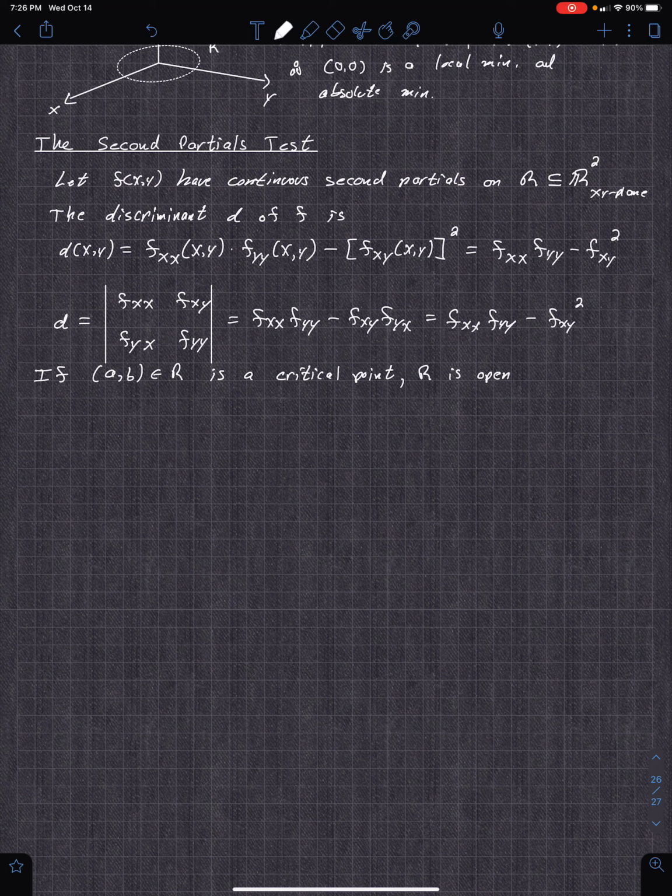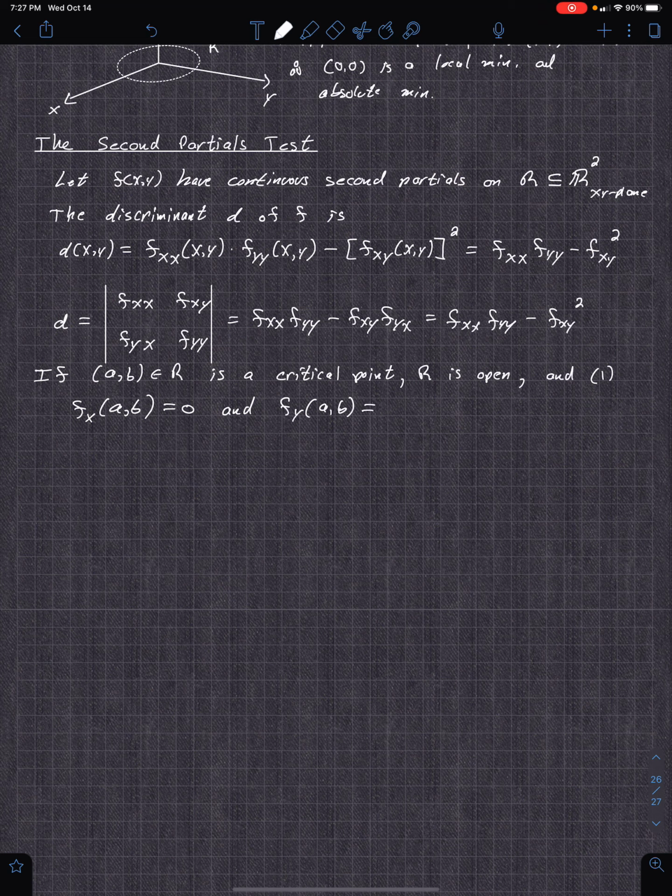So R is open, and this has to be the case 1 only: fx(a,b) equals 0 and fy(a,b) equals 0.